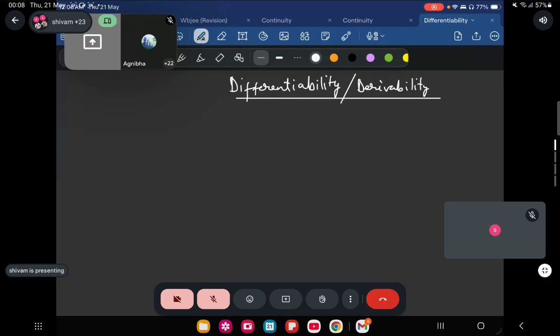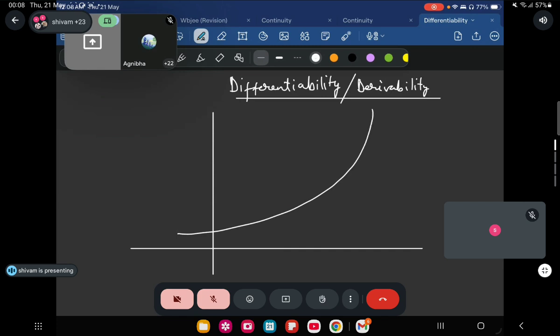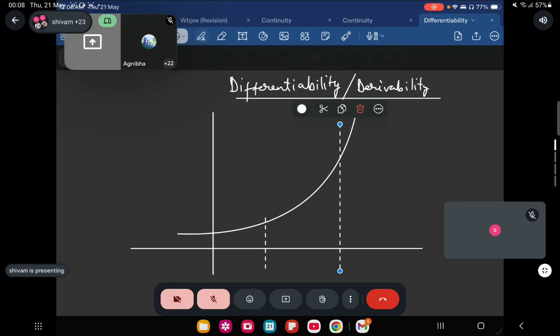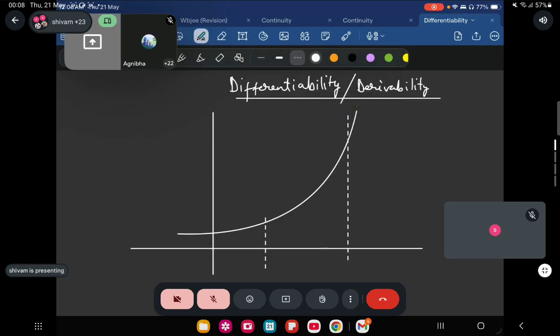So everyone, what is differentiability? Pay attention. First of all, you remember I've done this before also, that if you want to find out the average speed, let us say that this is the displacement time graph. You want to find out the average speed of the particle between A and B. How do we do it?